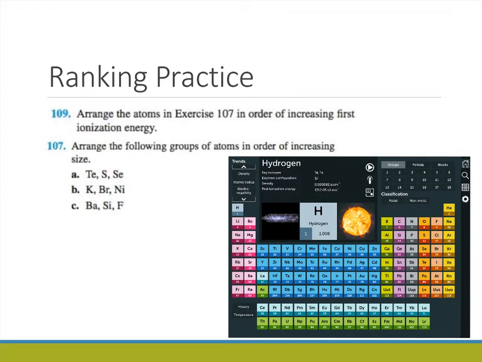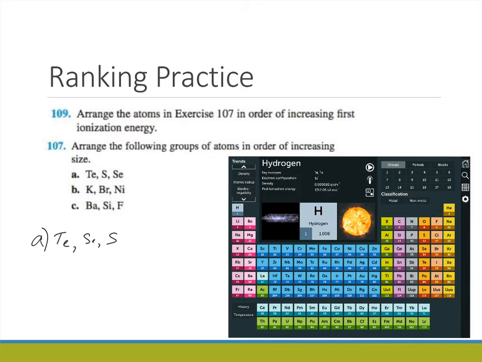Let's do another example, and the example is 109 asked us to arrange atoms in 107 in order of increasing first ionization energy. So A asks us to do tellurium, sulfur, and selenium. We know that as ionization energy goes down a family, it is going to decrease. So tellurium should be the least ionization energy, selenium, and then sulfur because of their relative position in the same family.